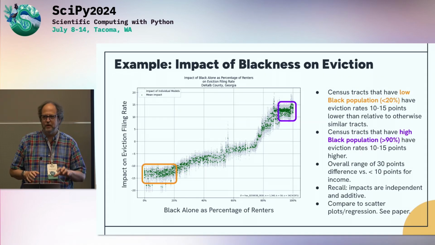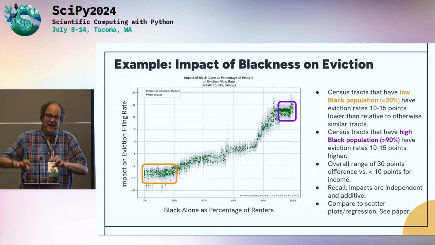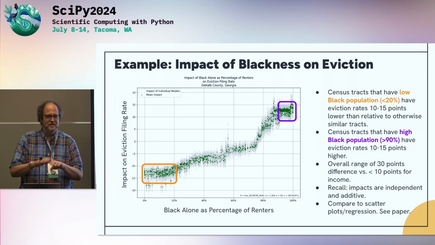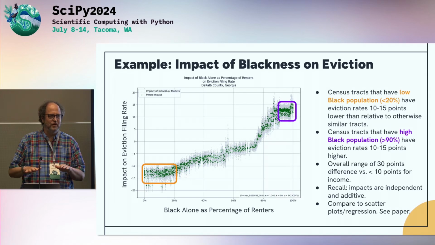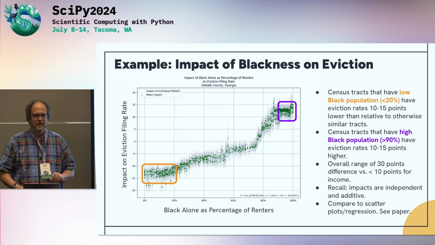Some counties, whether you're Latino or not matters. In a lot of counties, what we saw is the only racial and ethnic variable that mattered is whiteness. If there were a lot of white people, low eviction. If there are not very many white people, it didn't matter who they were, as long as they weren't white, they were getting evicted.